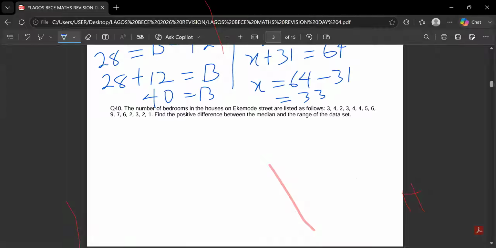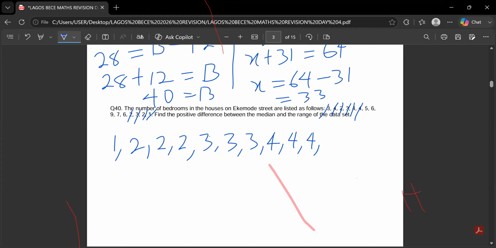Let's start. The first smallest number is 1. Then followed by 2. I'll be crossing as I count: 2 appears 1, 2, 3, so 3 times. Then 3 appears 1, 2, 3, also 3 times. 4 also appears 3 times.